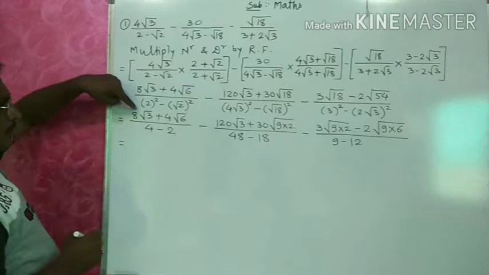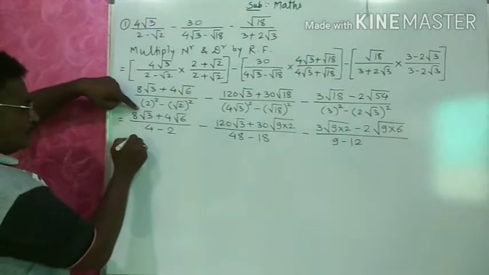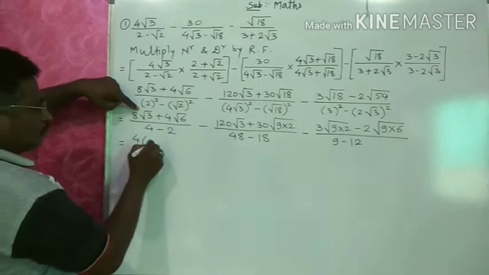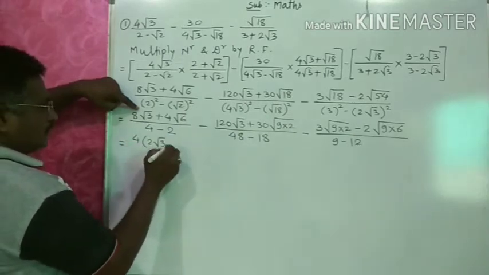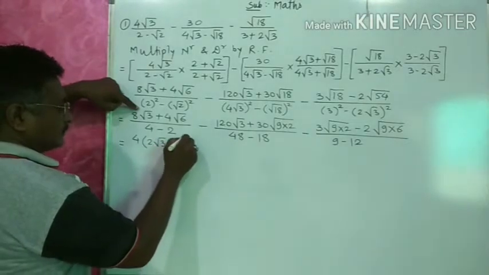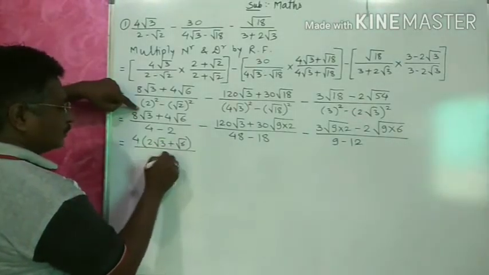Now here what is common? 4 is common. So what will we get? 2 root 3 plus root 6 by 2.